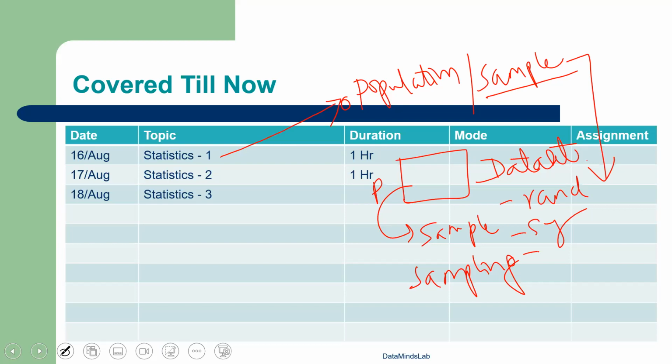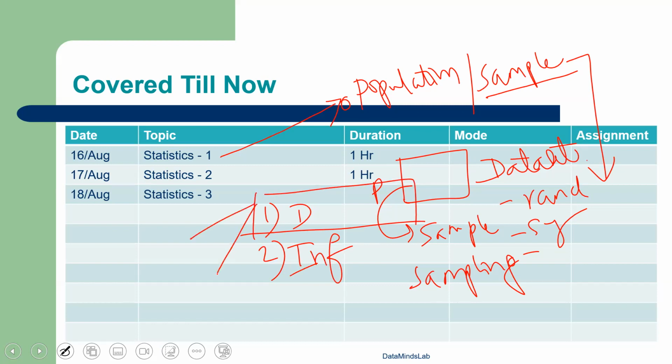Then what all things we covered? We jumped into the classification of statistics, broadly classified into two types: descriptive statistics and inferential statistics. Still, we have not started the inferential; we are still in the descriptive statistics. In descriptive statistics, we covered two things: the measures of central tendency and the measures of dispersion or variation. In the first we covered mode, mean, and median.